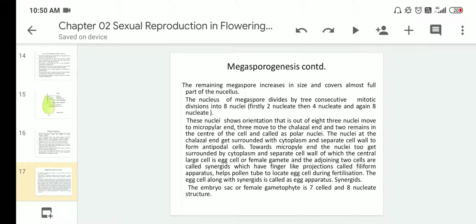The nuclei at the chalazal end get surrounded by a little cytoplasm and a separate wall to form antipodal cells. So thus 3 antipodal cells are formed at the chalazal end.